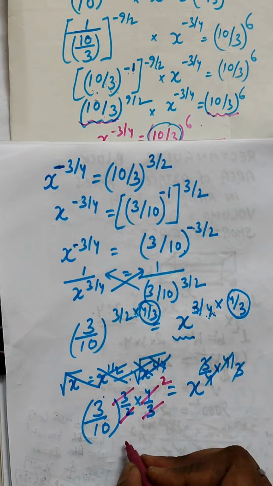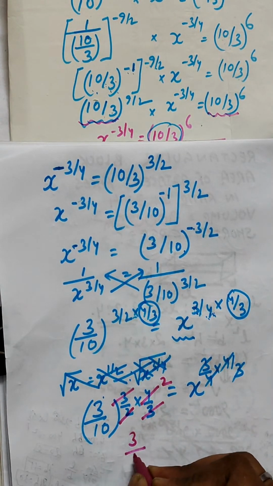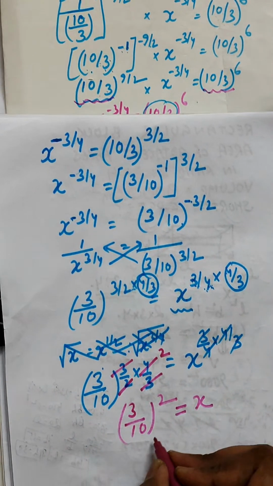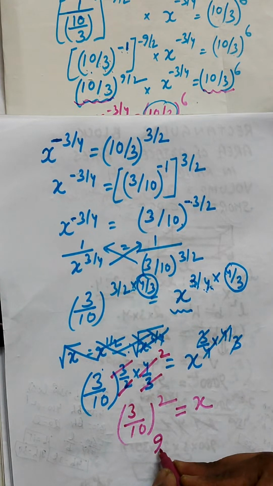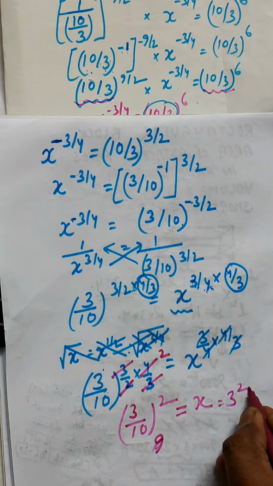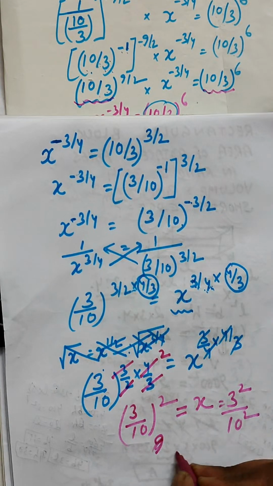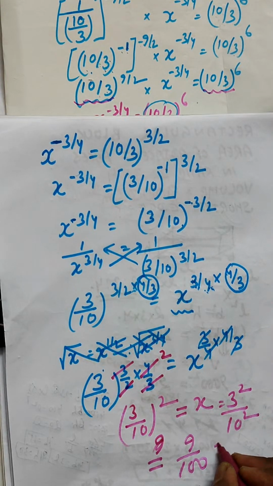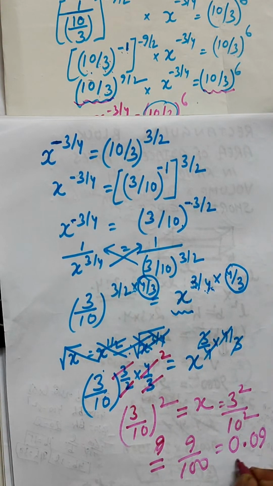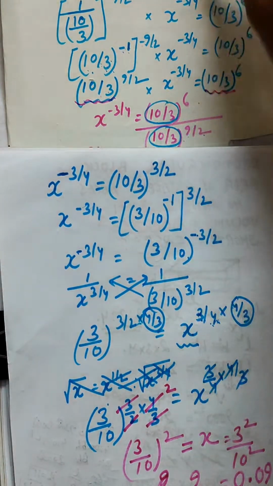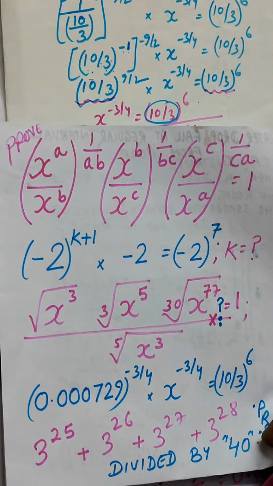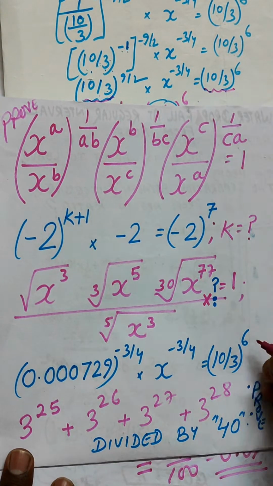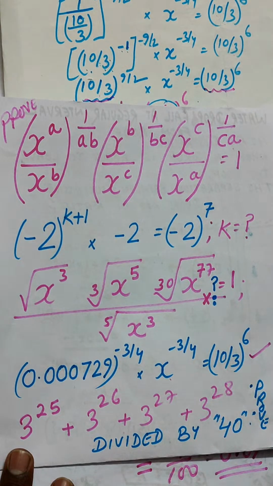So the value of x is 3 by 10 squared, that means 3 squared by 10 squared, which is 9 by 100, which is 0.09. So this is your answer for the second question from the bottom. The x is evaluated.